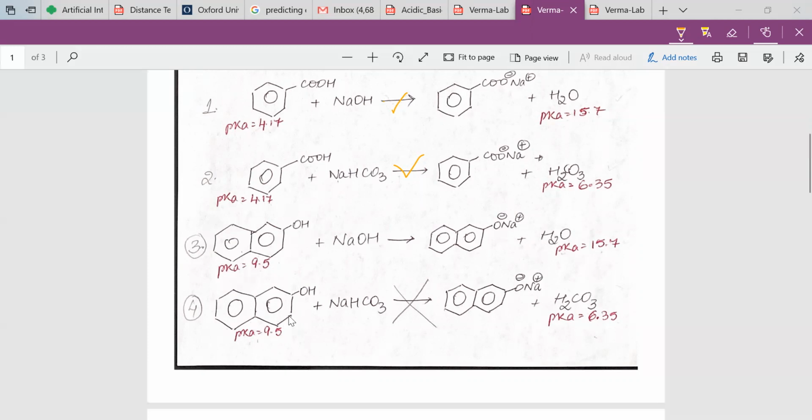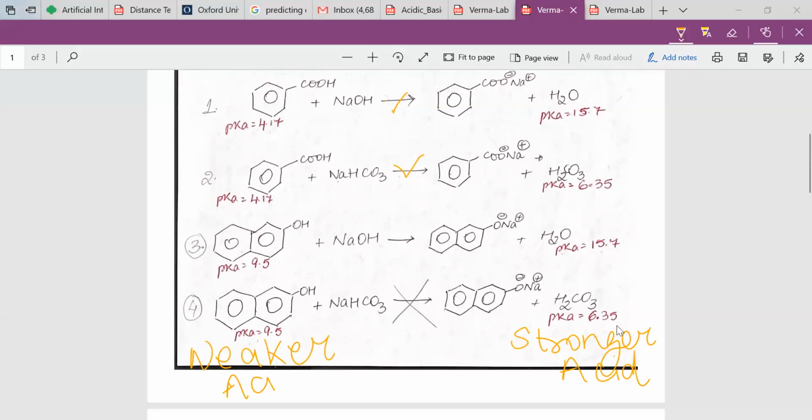But when we write on paper the reaction of 2-naphthol and sodium bicarbonate to generate the corresponding anion and the conjugate acid, we see that the pKa value of the resulting acid is lower, which means this is a stronger acid as compared to your starting acid.